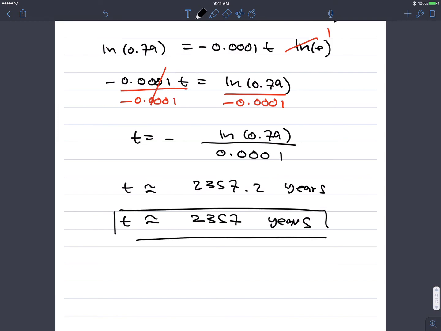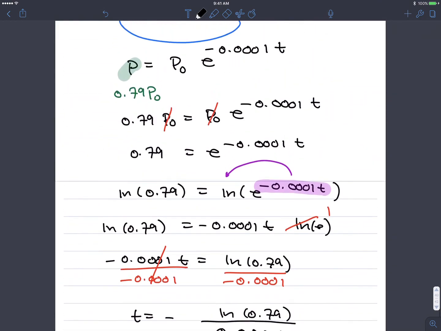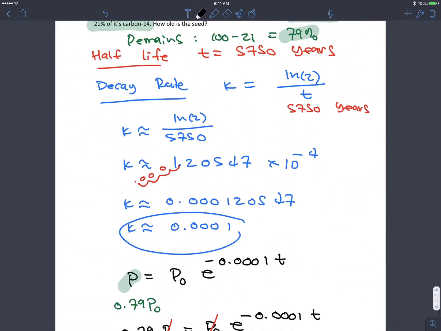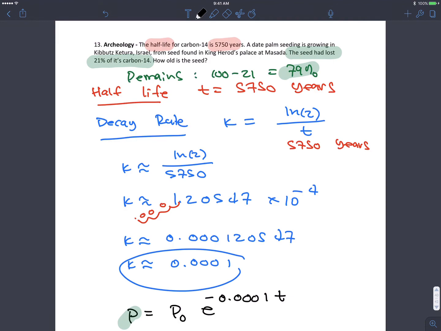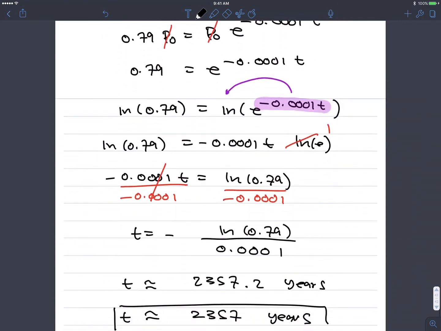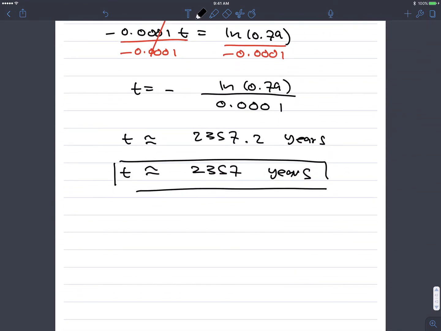This is how old this particular seed is. So, carbon-14 has a half-life of 5,750 years. The seed lost 21% of its carbon-14. So how old is the seed? 2,357 years. That's how old the seed is.